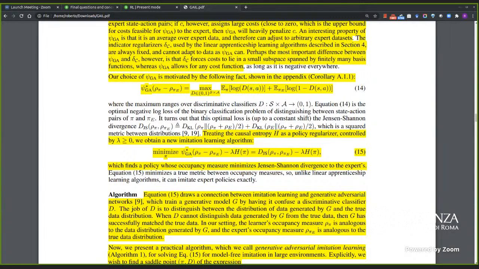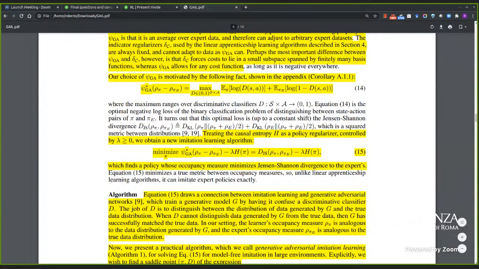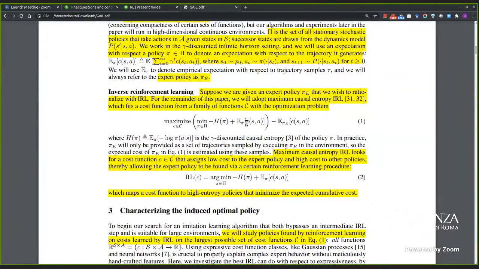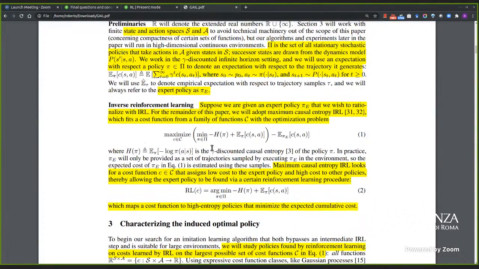This translates to the equation we were looking at in the beginning, where we're trying to find the best policy that minimizes the cost function, and at the same time we're trying to maximize the cost function in such a way that the cost of any other policy is high compared to the cost of the expert.